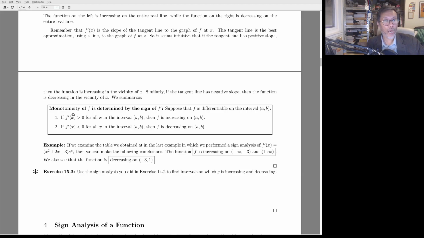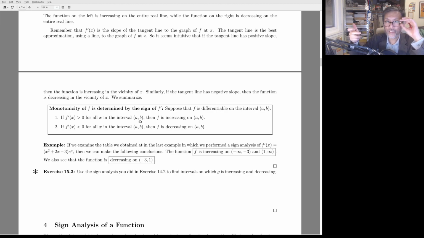If f prime is positive, that's what this sign here means. Remember, the alligator preferring to eat this over 0 means that f prime of x must be positive. If this is true for all x in the interval from a to b, then f is increasing. Positively sloped tangent lines means increasing. If f prime is negative, on the other hand, then f is decreasing.